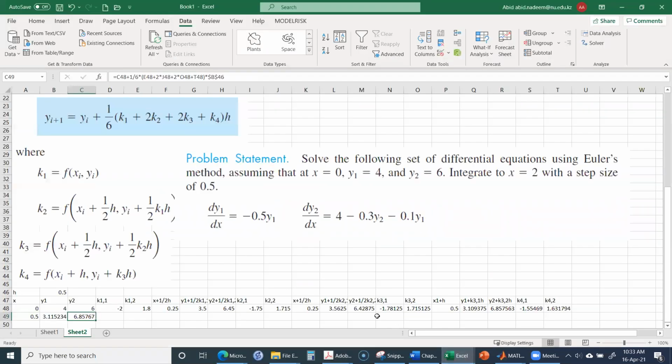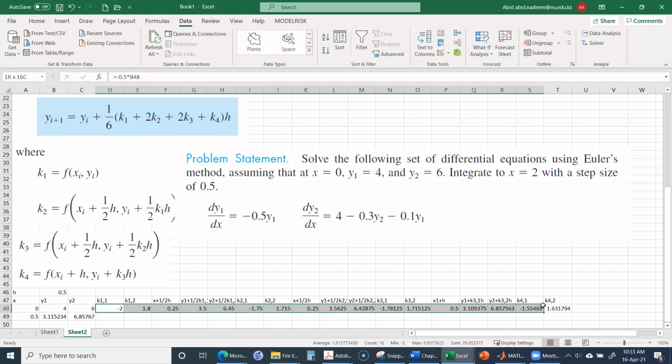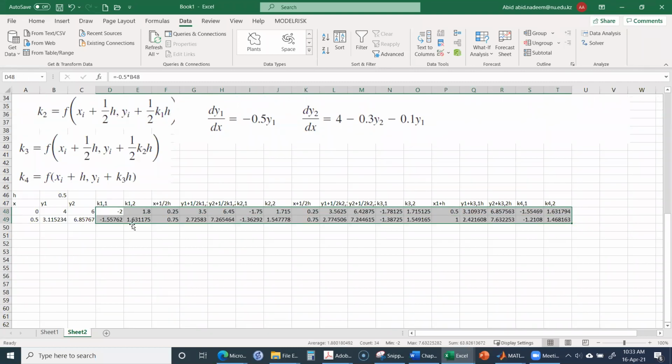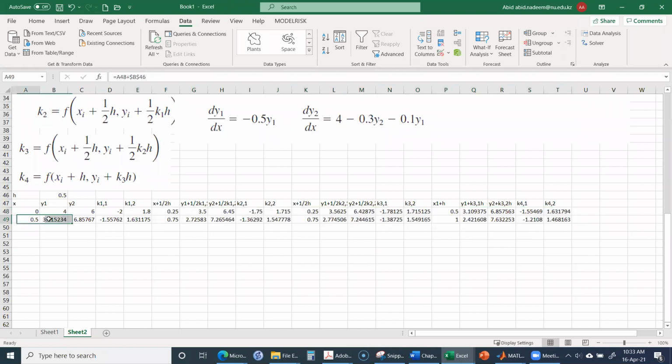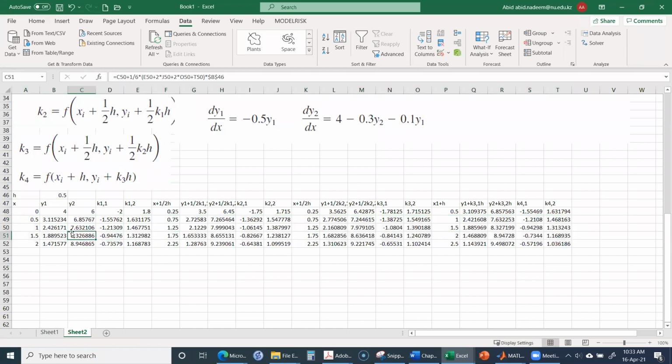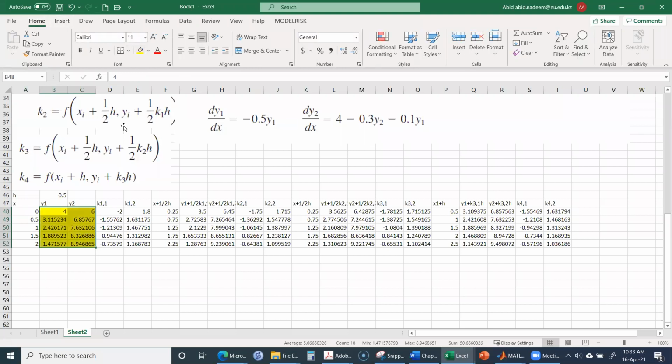So what I can do is I will select it and then I will drag it down. Okay, so now I have the new values of K4 like that. And now I can drag it down. This is 1, 1.5 and then 2. So here I will get these values, the answers.